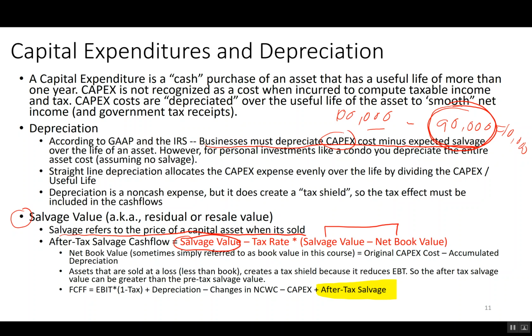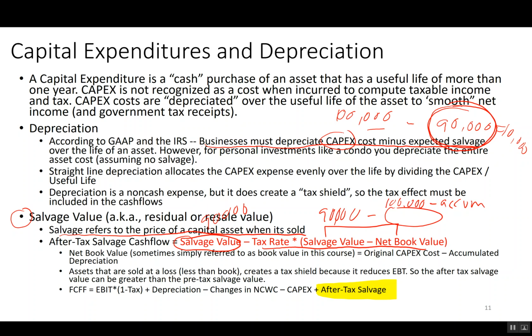So in this case, we're going to sell it for $90,000, and then we're going to have to pay taxes on the difference between $90,000 and whatever its net book value is. The net book value is going to be the original cost, $100,000, minus whatever the accumulated depreciation is. So we're going to calculate that.